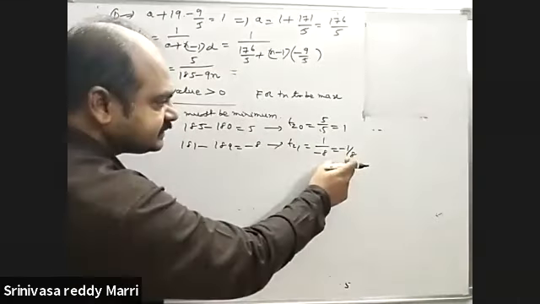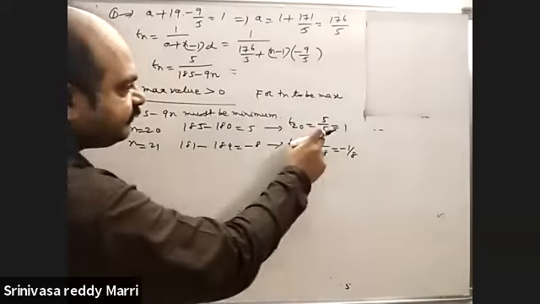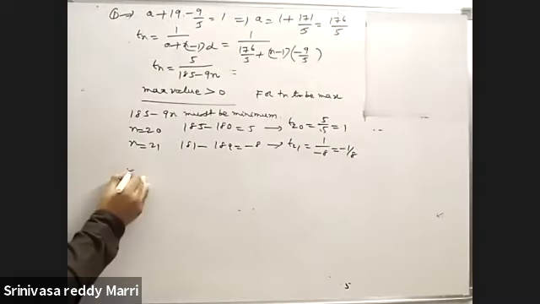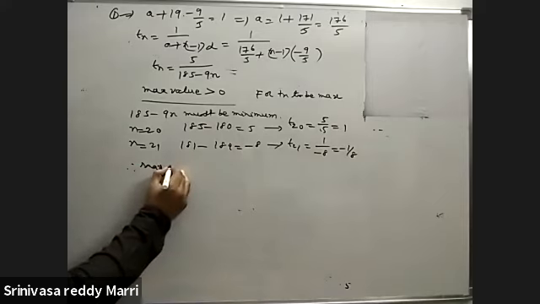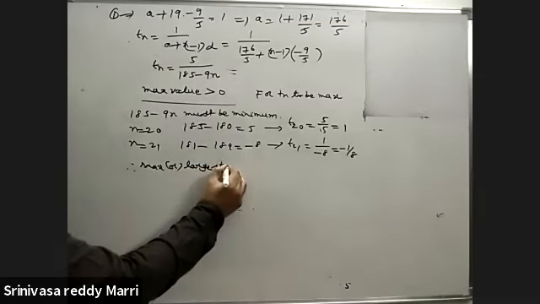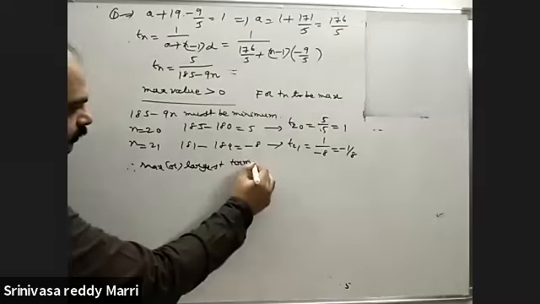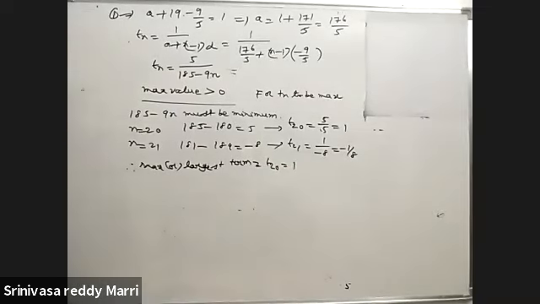So this is negative, this is positive. So what is the maximum value you will get? T20, that is 1. Therefore, the maximum or largest term is T20. T20 is nothing but 1.